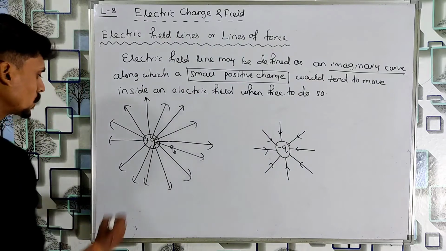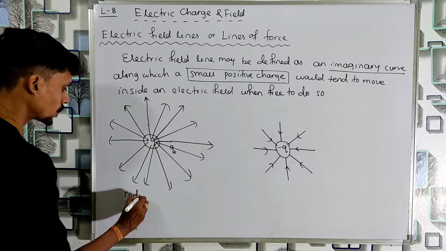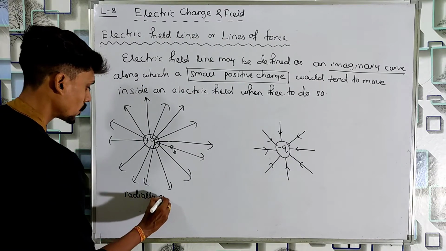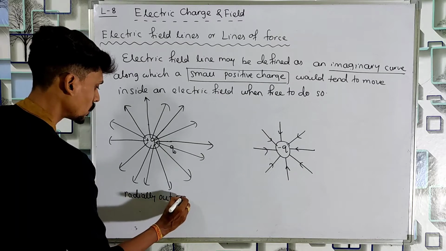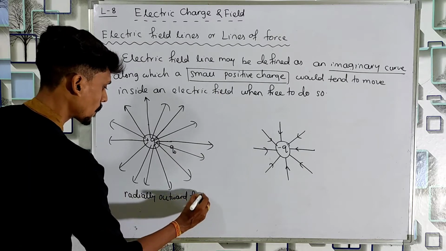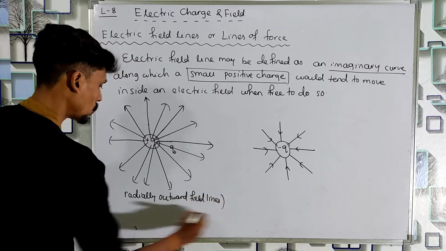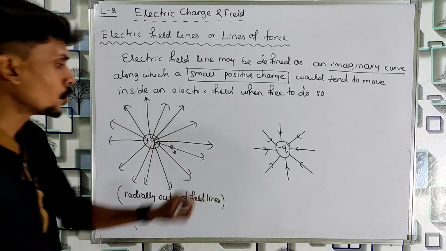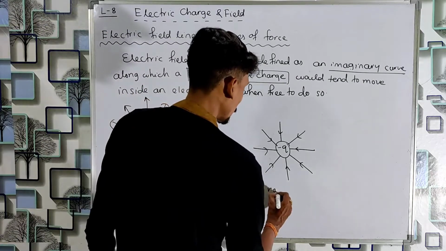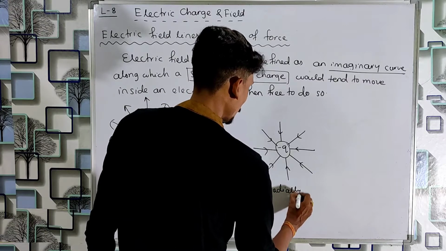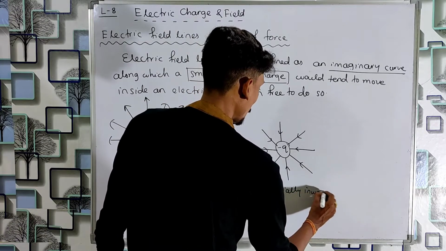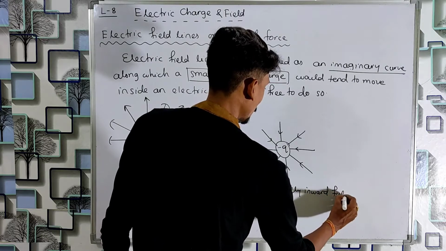So this is known as radially outward field lines, and this is known as radially inward field lines.